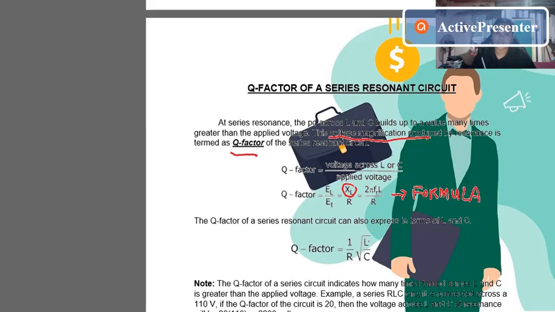The Q factor of a series resonant circuit can also be expressed in terms of L and C, the inductance and the capacitance. So we can also use this if given L and C. Q factor is equal to 1 over R multiplied by the square root of L over C. So take note also of this formula.